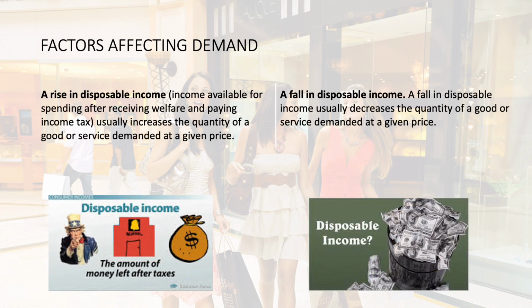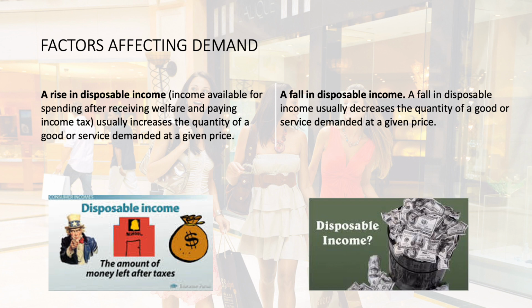There are several factors that will affect demand. We'll have a look at them now. The first of them is what we'd call a rise in disposable income. Once we've paid for everything we have to pay for, like our living expenses, rent and mortgages, what we normally have left over is what's known as our disposable income. We call it disposable because it's the income that we could go out and spend or dispose of.